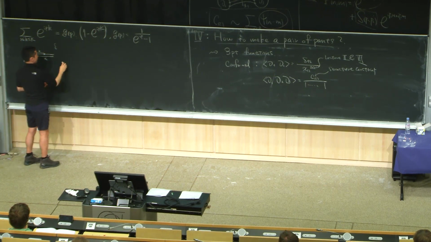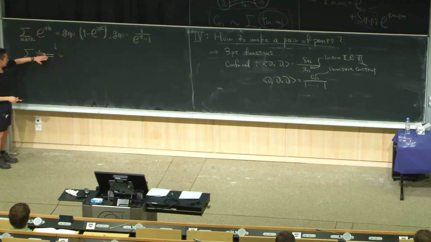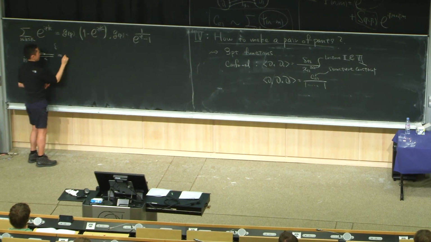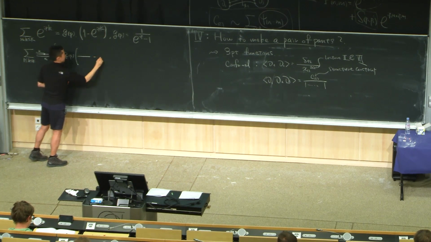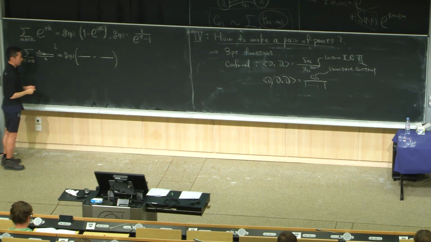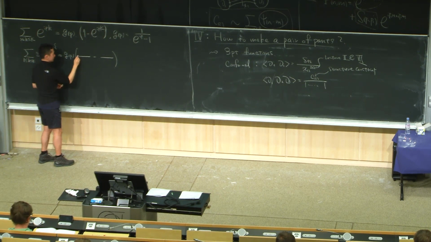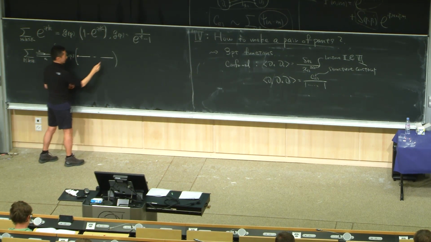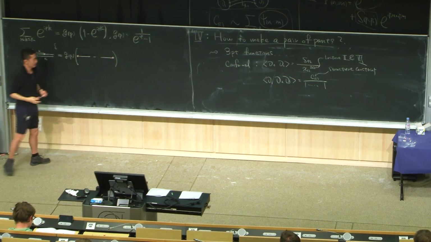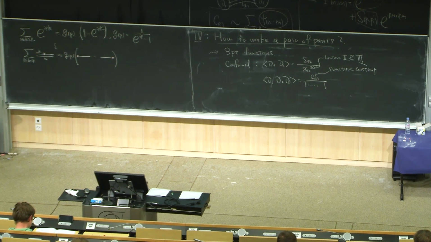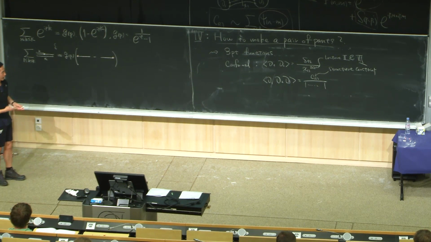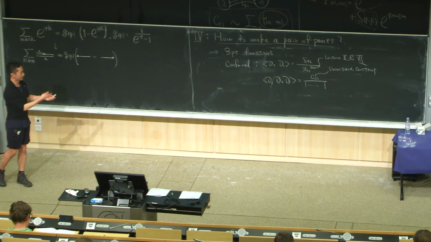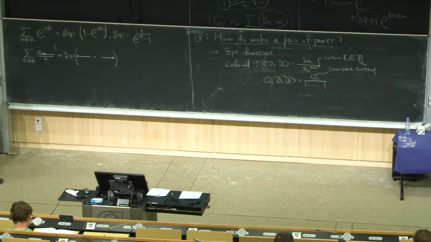Essentially, what this formula is telling you is that, up to the overall factor G of P, if you do the sum, the result consists of two terms. In one term, the particle is living at the left edge, and in the other term, the particle is living at the right edge. So this is just a pictorial notation of the geometric sum. But this later proves to be very useful when you want to understand the physical meaning of the result of the sum.